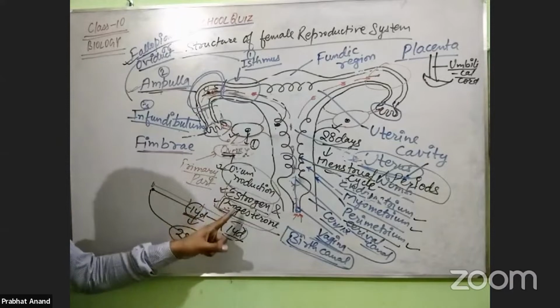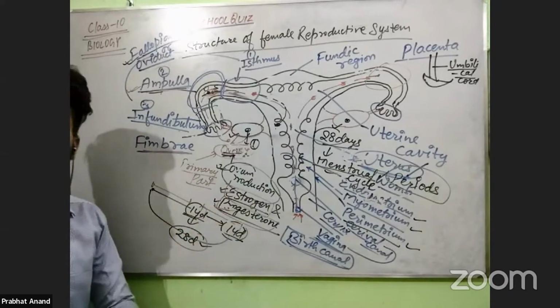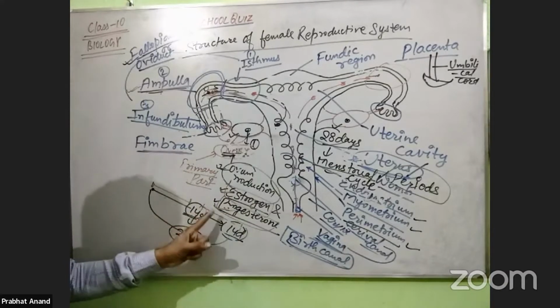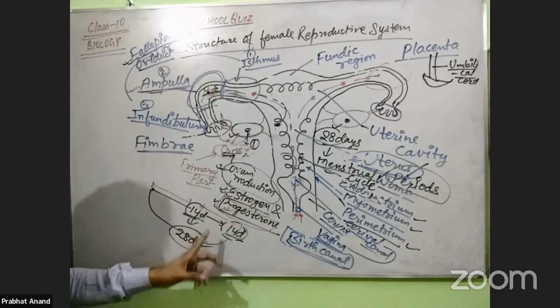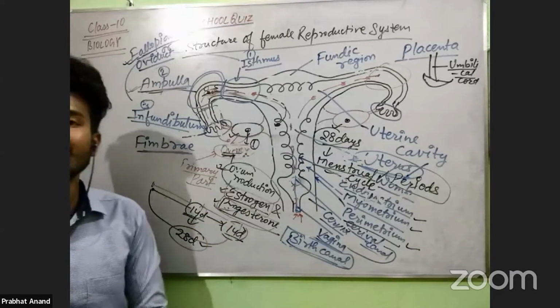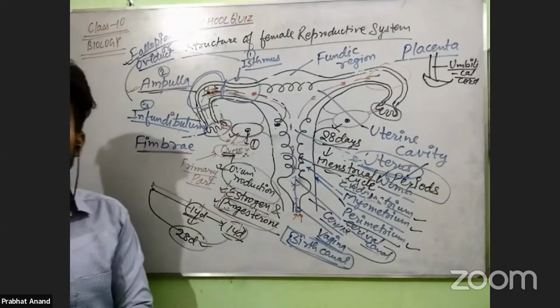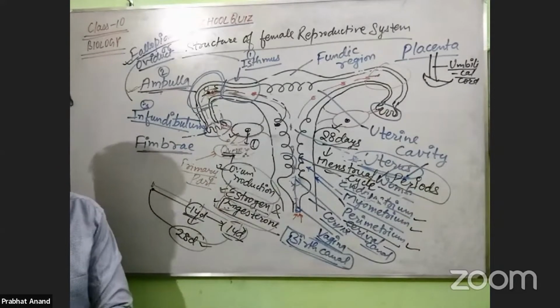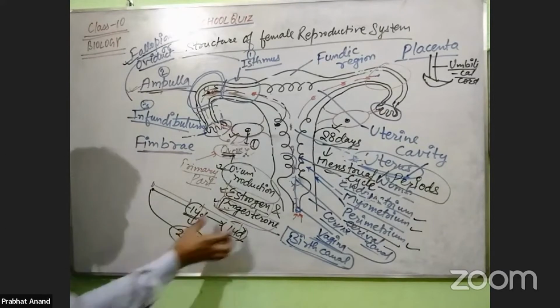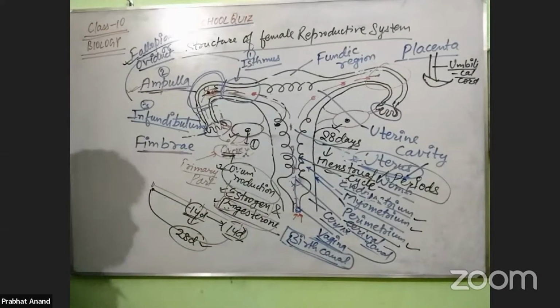These two hormones work in a coordinated way, and if the progesterone secretion is high, then we say that the ovary is maintained. The ovary that loses the ovum is maintained due to the production of progesterone hormone.